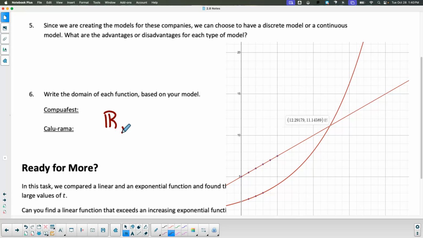So what is our restriction here on this domain? Can it be equal to 0? Yeah, it can, because we have 0. If we go back a slide, on the last page, we have 0 in our chart, right? So it can be equal to 0.